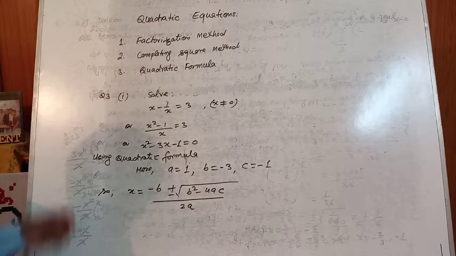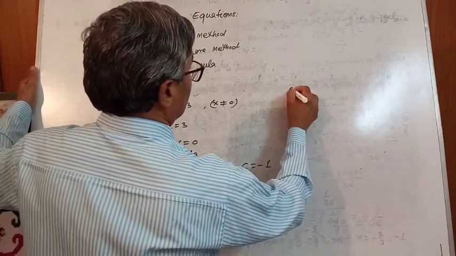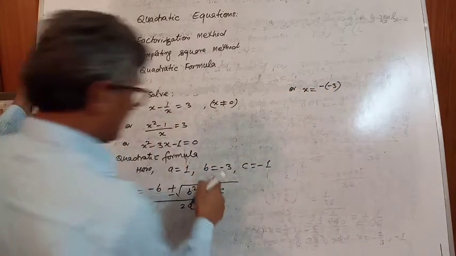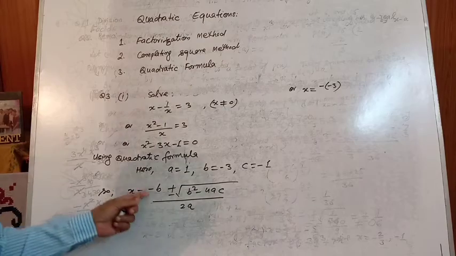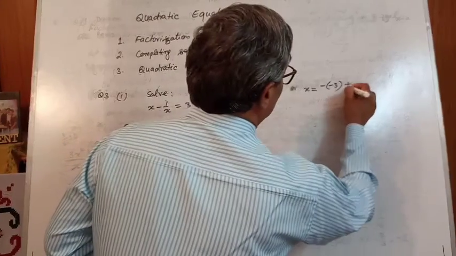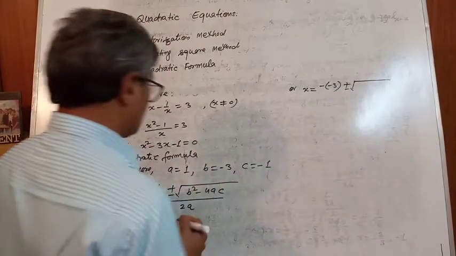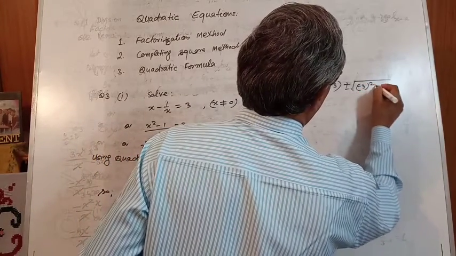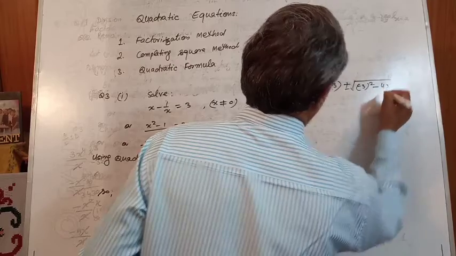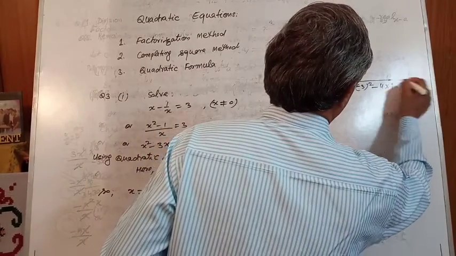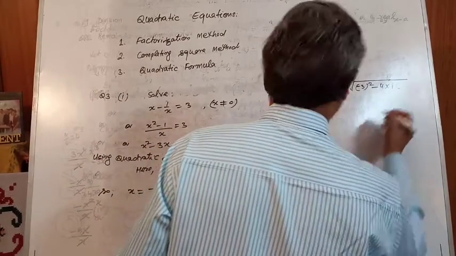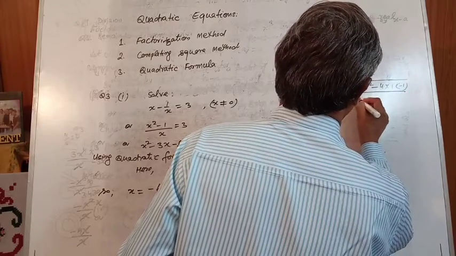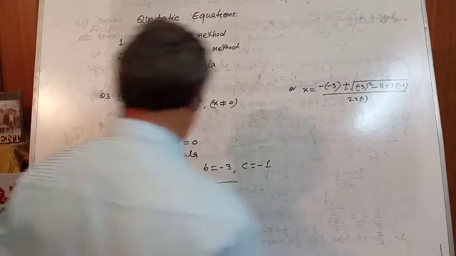Now put the values of a, b and c. x equal to minus of minus 3, since b is minus 3, plus minus under root minus 3 square minus 4 times a, where a is 1 and c is minus 1, upon 2a, 2 into 1.